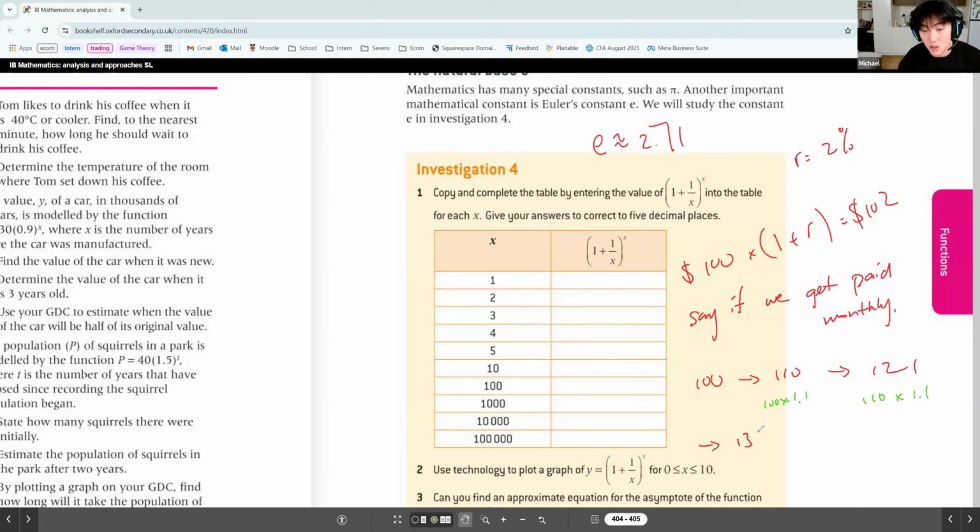The next is 133.1. Let me quickly calculate. Yeah, 133.1, and that comes from 121 times 1.1. The thing I'm trying to emphasize here is that we're not gaining $10 every time. The money we gain depends on what we started with that year. So this compound is different from 100, 110, 120, 130.